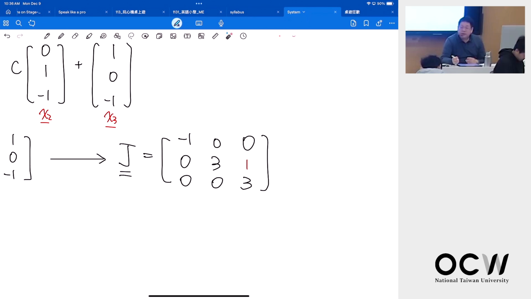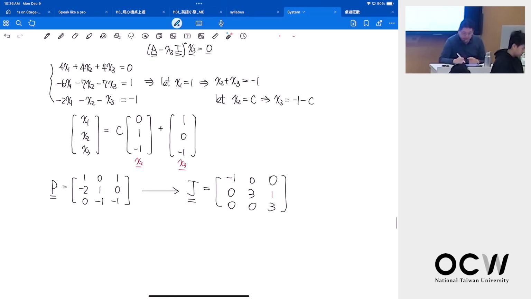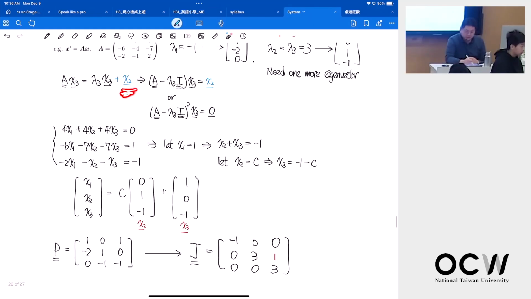If you have repeated eigenvalues and you still can find the different or independent eigenvectors, then here should be 0. But if you cannot find that, we need to use our generalized eigenvectors. Then using this method of generalized eigenvectors, I need to put 1 here. Okay, 1, that means this.